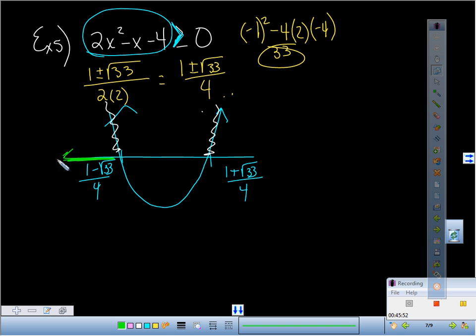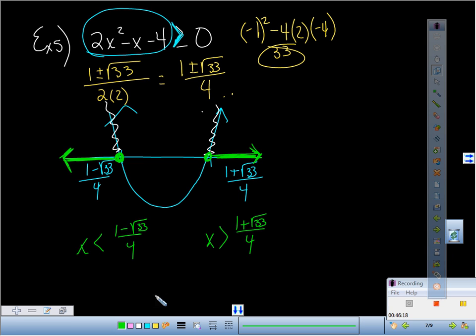Why do they include them? Because it's or equal to. So now just write that down. Here's this one. It says x is less than or equal to 1 minus the square root of 33 over 4. Here's this one. It says x is greater than or equal to 1 plus the square root of 33 over 4.